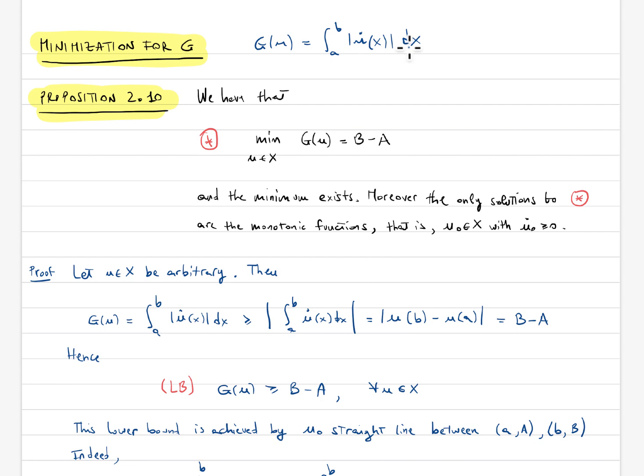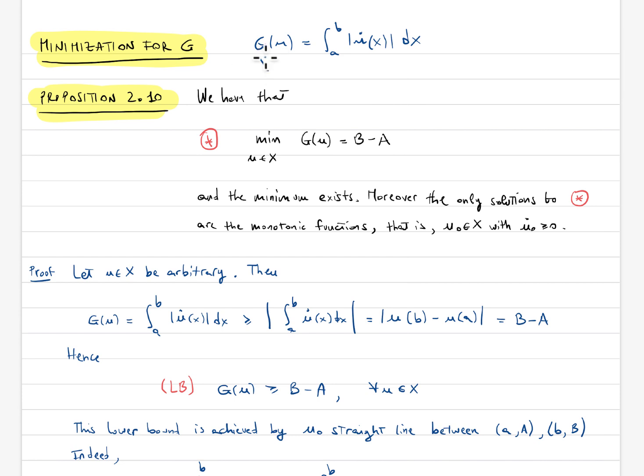We have that the minimum of G of u over the continuous functions with values A and B at the boundary is given by B minus A, which is the difference of the extreme points.